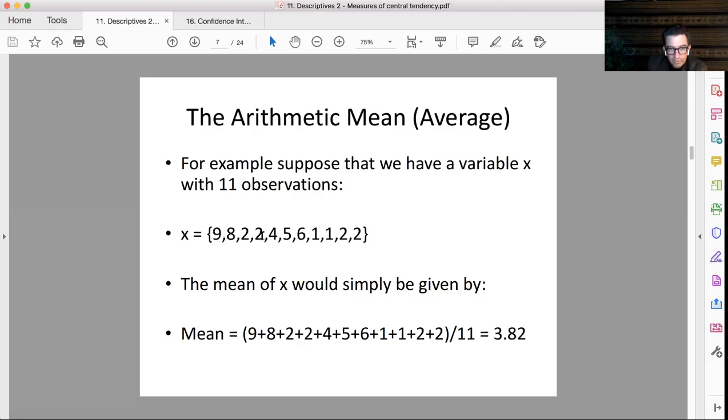And the mean is 3.82. So the mean gives us an idea of the distribution in one number. If we add all the values and divide by the total number of observations, we get 3.82. That's the mean. We all understand that.